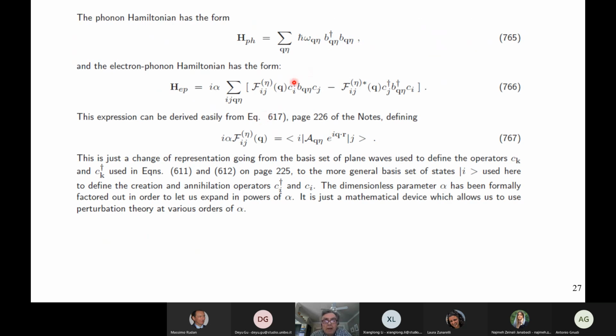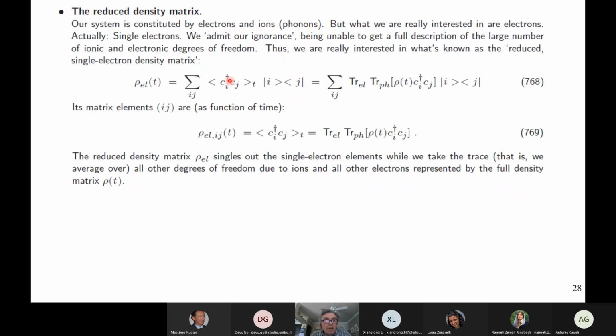As I said before, the density matrix is a complicated object. I will ignore the phonon part of the density matrix. So I will consider this object, the reduced electron density matrix. I take the density matrix only for the electronic states.